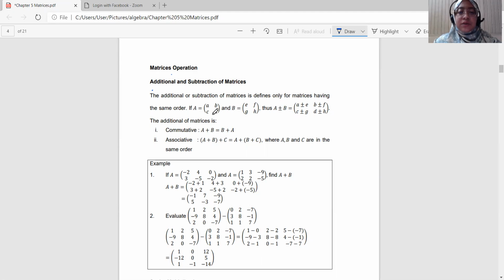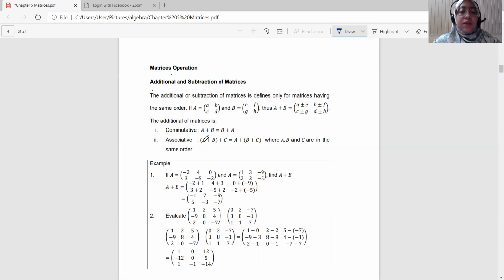Every term in the matrix we can add together. The addition of matrices is commutative. It means that when we add matrix A with matrix B, it is equal to matrix B plus matrix A. It is also associative.